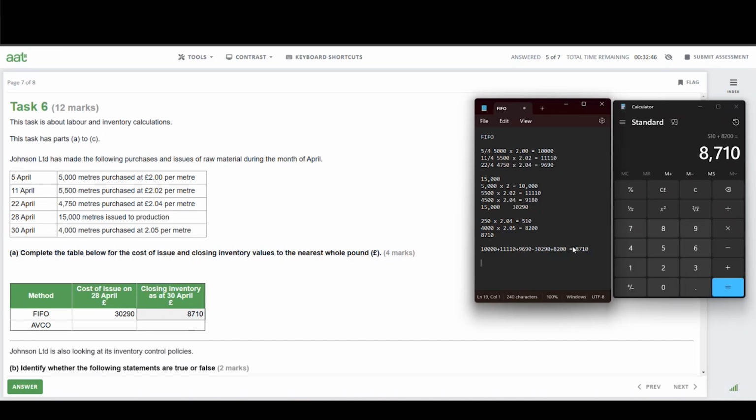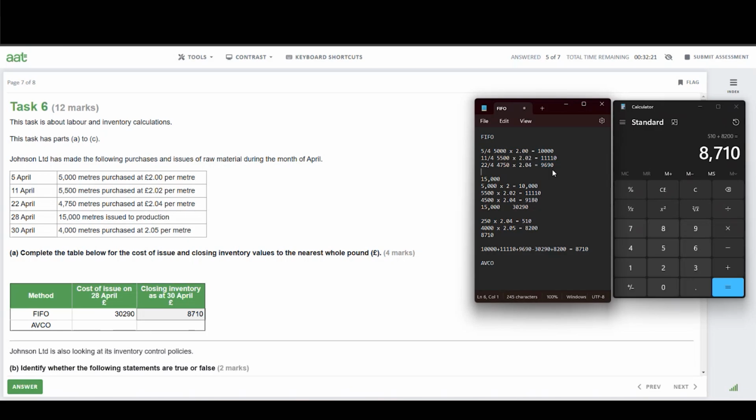Okay, we're now going to do a similar set of calculations for AVCO, except because we've made a note of some of our calculations when we calculated for FIFO, we've got less to do for AVCO. Some of these figures are already here. So the cost of issue on the 28th of April under AVCO, we've already worked out what the cost of our receipts are.